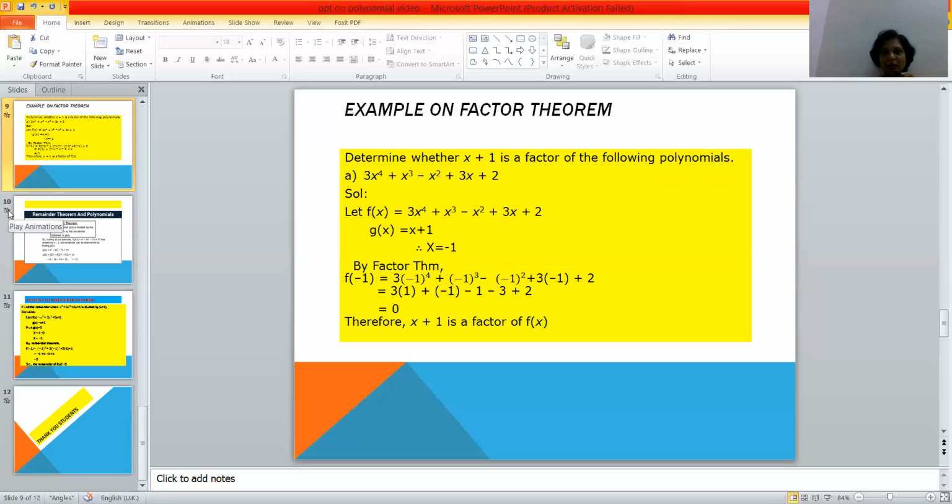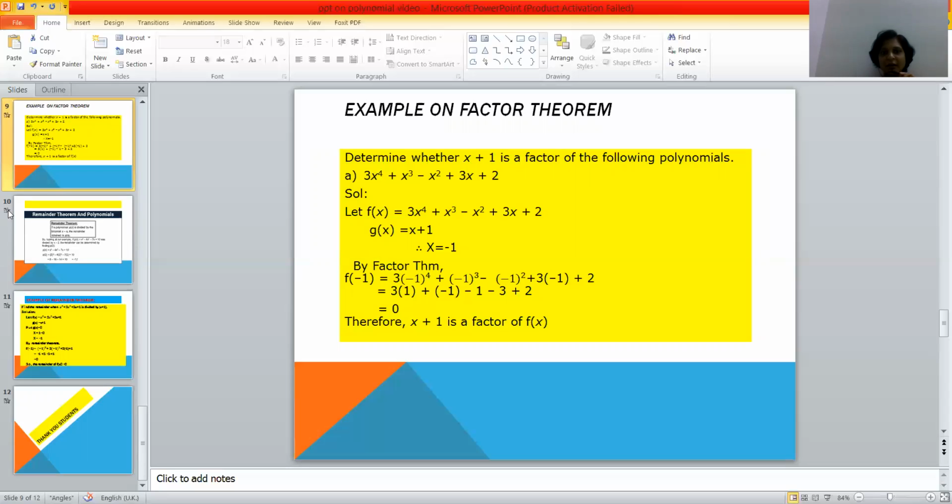Consider that f of x is equal to 3x raised to 4 plus x cube minus x square plus 3x plus 2. Consider another polynomial g of x. Therefore, g of x is equal to x plus 1. So, according to the factor theorem, g of x is equal to 0. So, x plus 1 is equal to 0. So, the value of x is minus 1.